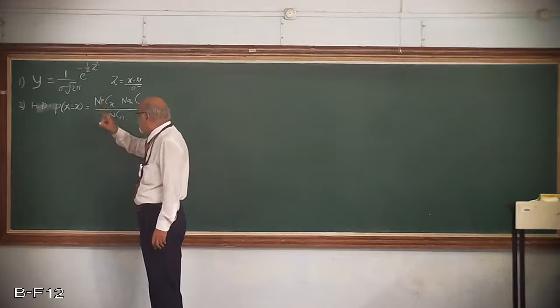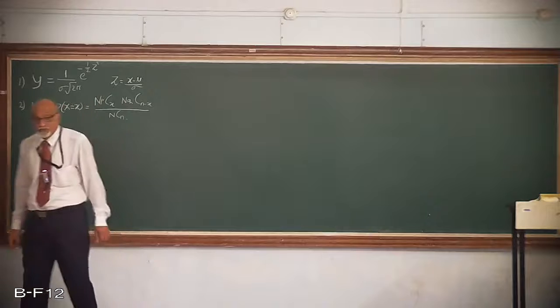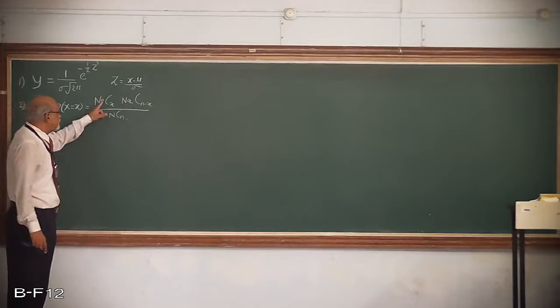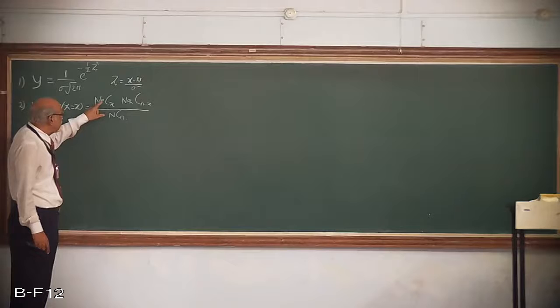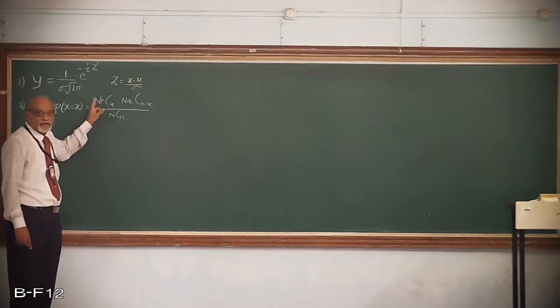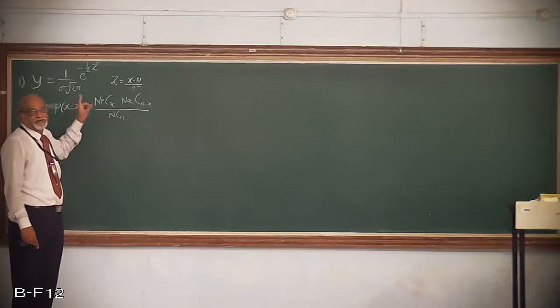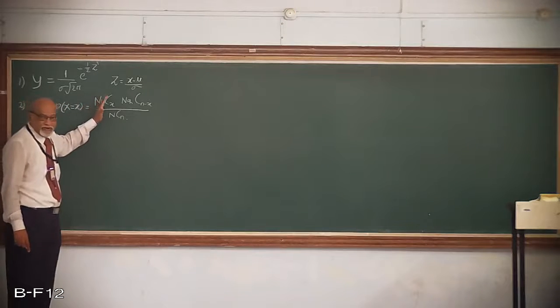Here P is the fraction defective, not percentage, fraction defective. So fraction defective multiplied by the lot size gives us the total number of defectives in the lot. If the total number of defectives in the lot is given, there is no problem at all.